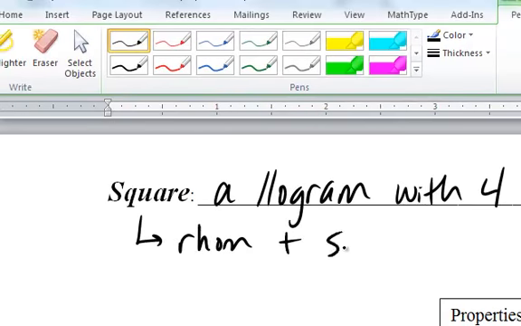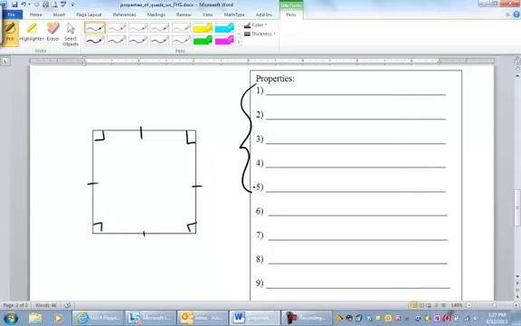So just like we did earlier, the first 5 properties are the 5 properties of all parallelograms. And we should be able to write all 5 of them in our sleep by the time we're done with this worksheet. Opposite sides parallel, opposite sides congruent, opposite angles congruent.